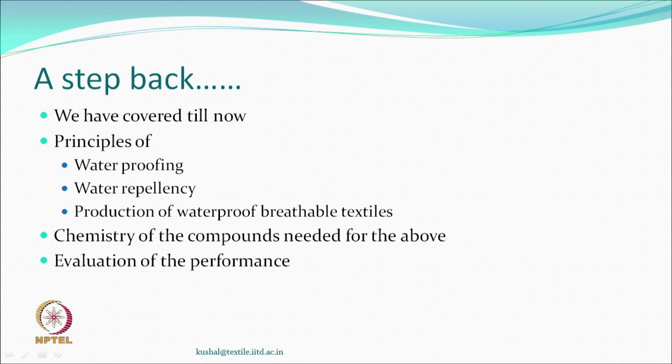Objectives means whether it was waterproofing or repellency, we needed some properties, some characteristics of the final products, and obviously a high performance product like a waterproof breathable textile. That was very interesting. And of course, we did learn about how evaluation can be done of the performance of these type of products.